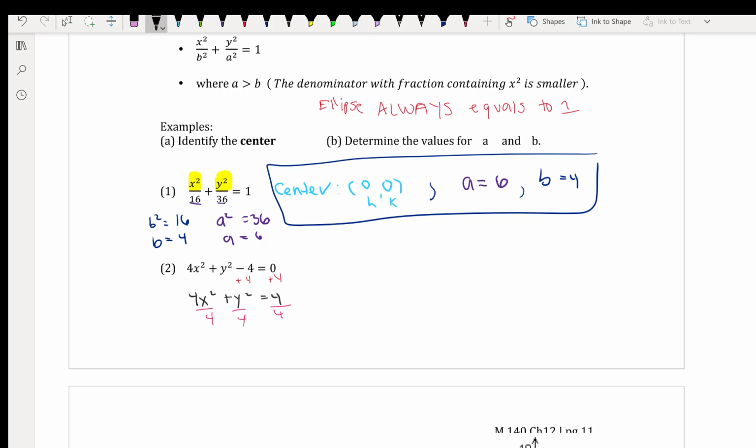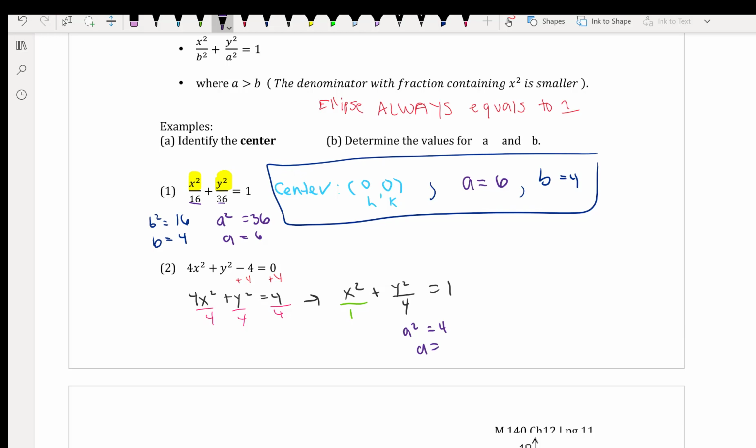So that gets me, and I'll write it over here, x squared plus y squared divided by 4 is equal to 1. And remember that whenever you have a number, you can always make it a fraction if you put a 1 underneath. So then here, my A squared, remember your A squared is always the biggest value, so that would be 4.